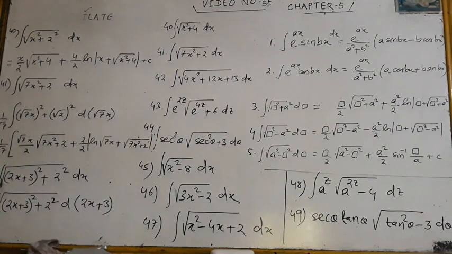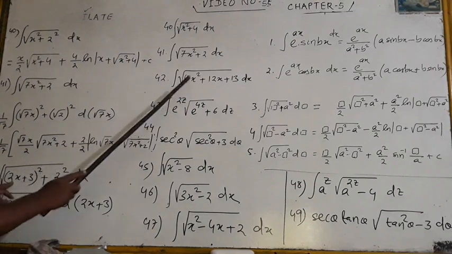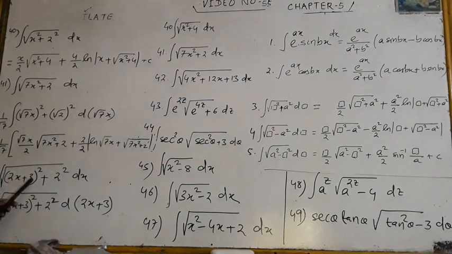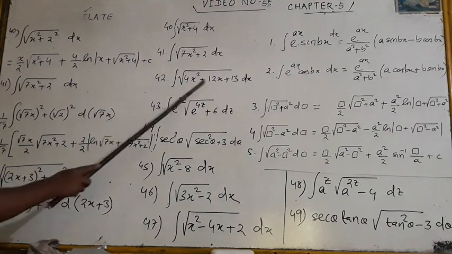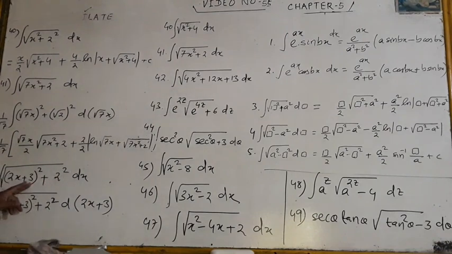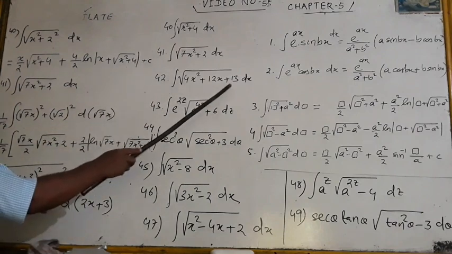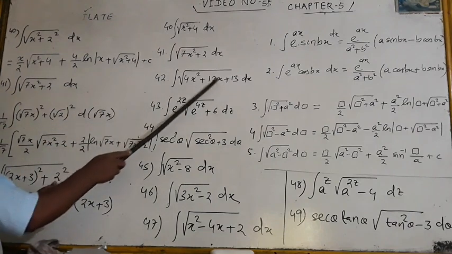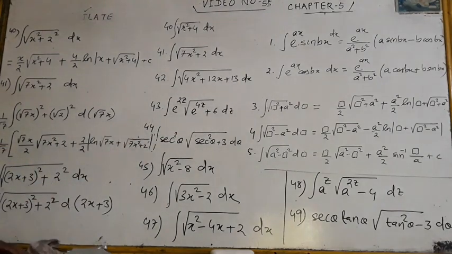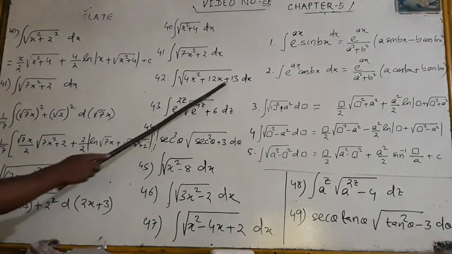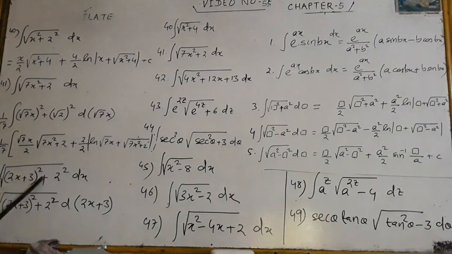Then it becomes 2x plus 3 whole square. 2x plus 3 whole square is 4x square plus 2 into 3, 12x, plus 9. Then there is 13. If 9 is on this side, then 4 is on that side. So in 13, I am writing 9 plus 4. It is 2x plus 3 whole square plus 2 square.